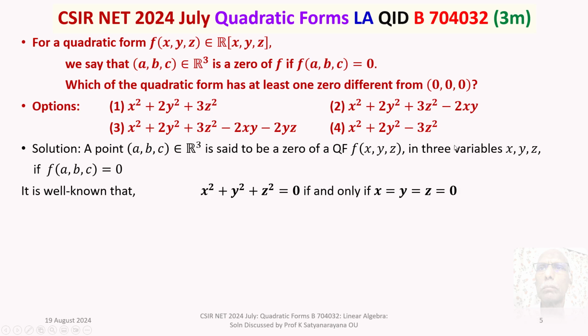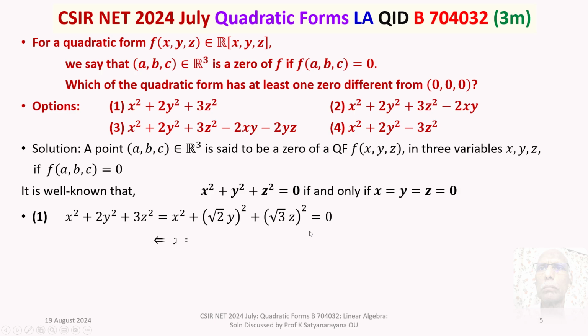Right. So now let us discuss one by one. Now, it is well known that x square plus y square plus z square is equal to 0 if and only if x is equal to y is equal to z is equal to 0. Go to option 1. The quadratic form x square plus 2y square plus 3z square is equal to x square plus (root 2 y) whole square plus (root 3 z) whole square is 0. Now apply the above.